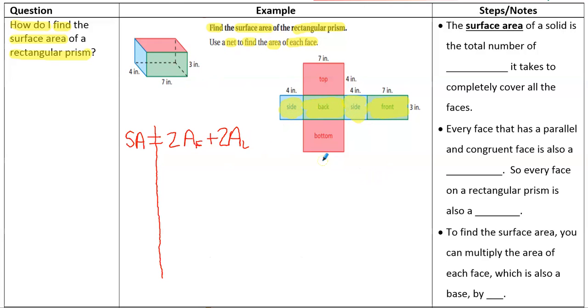How many rectangles do I have left? I just have the top and the bottom. I could add the area of the top plus the area of the bottom, or I could just multiply whatever the area of the top is by 2, and now I have the area of the top and the bottom.